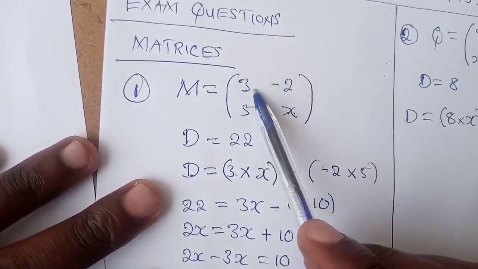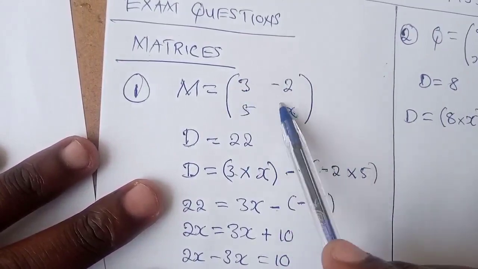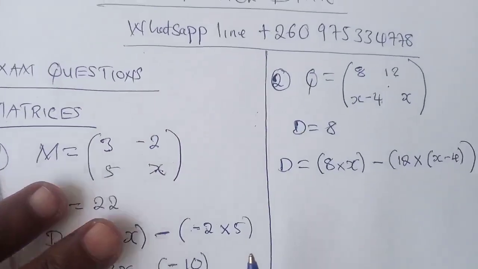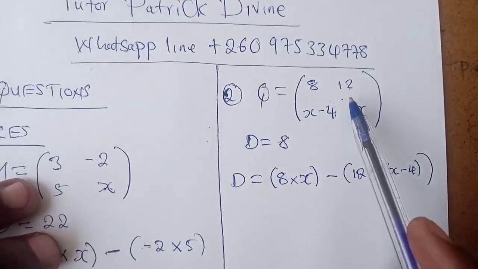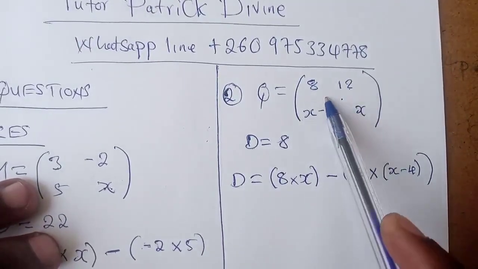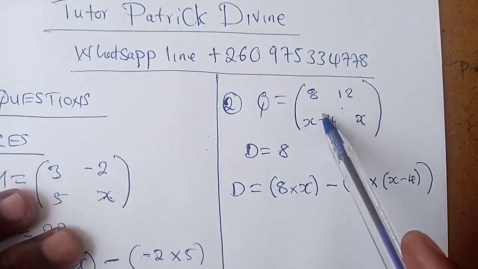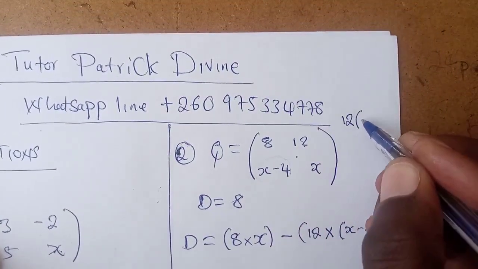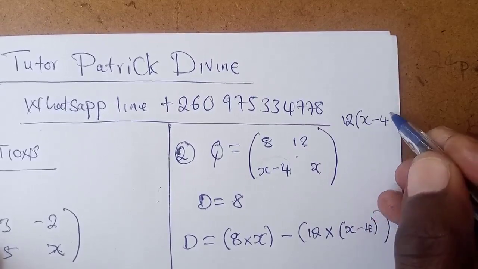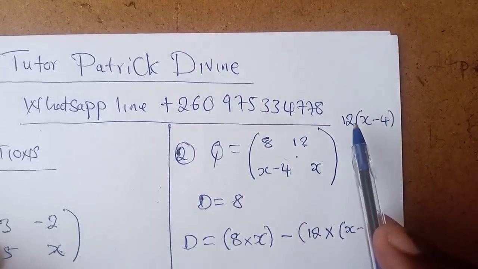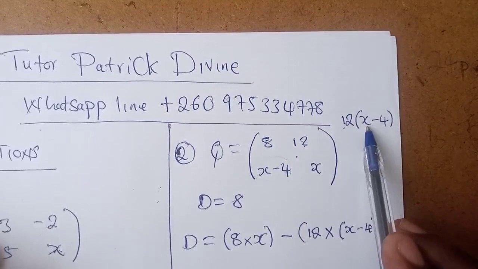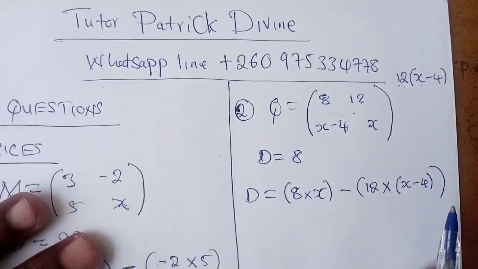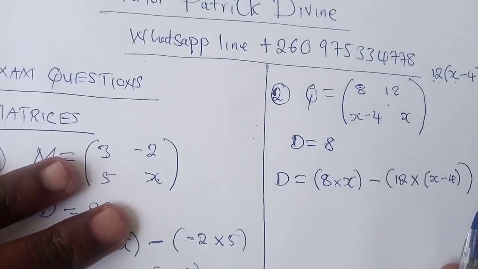The whole 3 is multiplied with everything, the value of x. Same applies here. They just wanted to confuse you. So this will be multiplied by everything here: 12 times x minus 4, then you multiply 12 times x, 12 times 4. As simple as that.